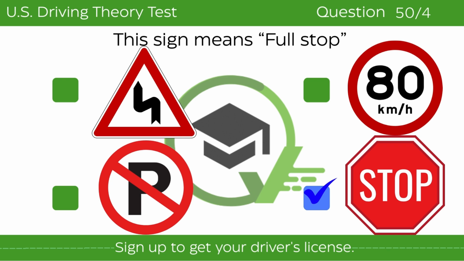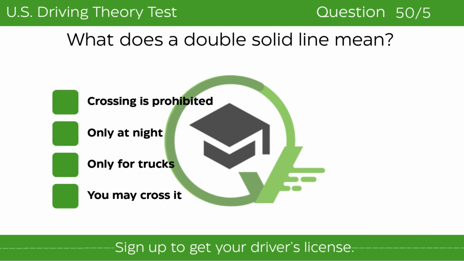D. Question 5. What does a double solid line mean? A. Crossing is prohibited.